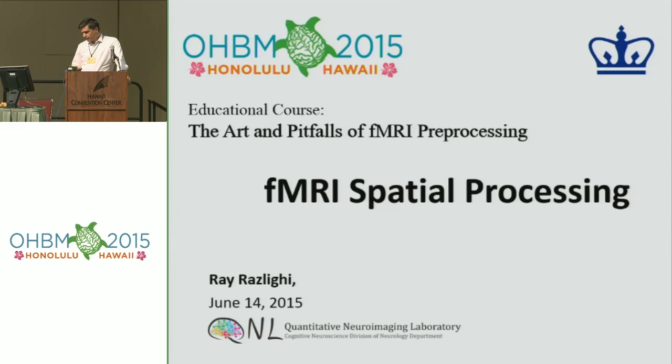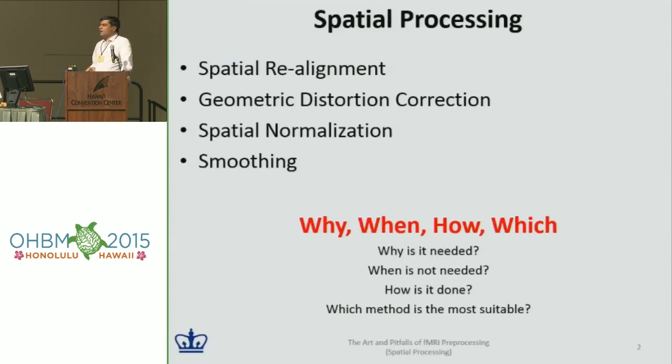So in my talk, I will just focus on the concept, why these steps are needed, and I will also emphasize the fact of when they are not needed, because lots of times I've seen my students come and do these processes that they have no idea why they're doing.